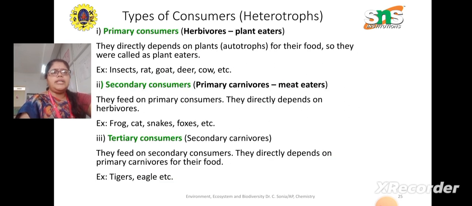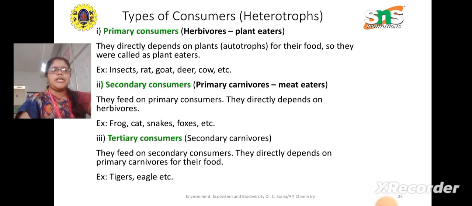There are different types of consumers: primary, secondary and tertiary. Primary consumers, as we've already seen, are herbivores, the plant eaters. They depend directly on plants for food, so they are called primary consumers. Examples are insects, rats, goats, deer, cows, etc. Secondary consumers do not depend directly on plants, but they depend on the primary consumers. They are also called meat eaters.